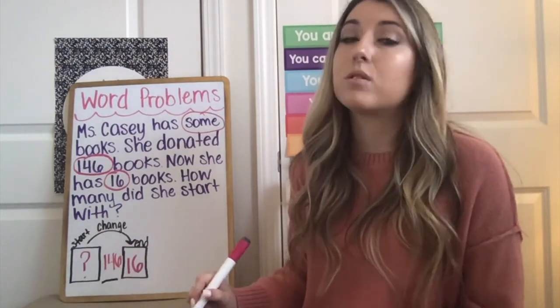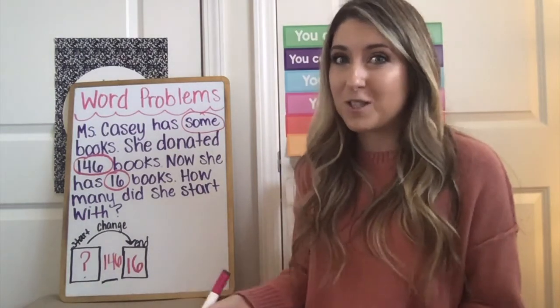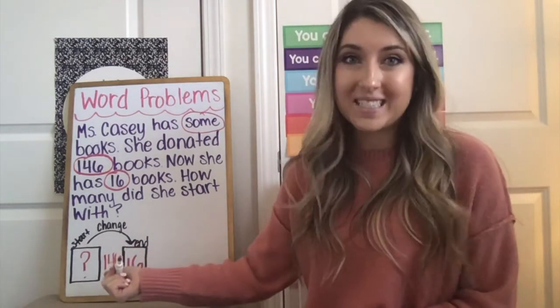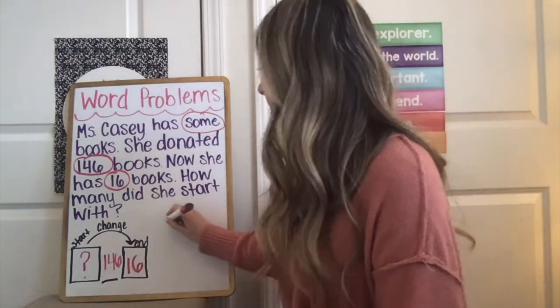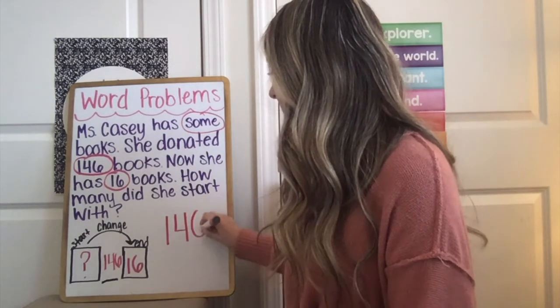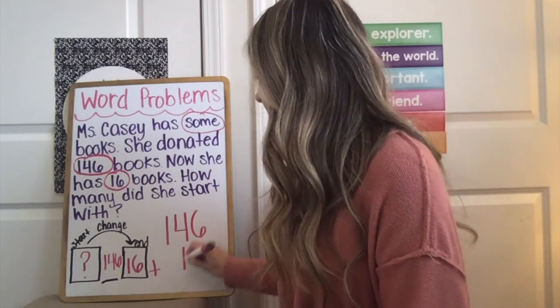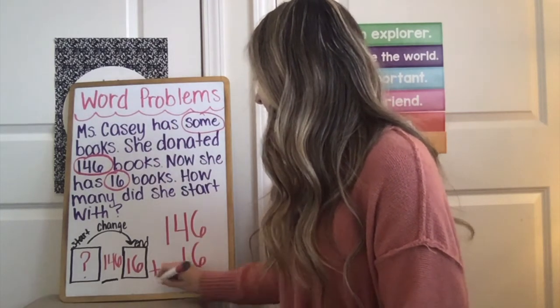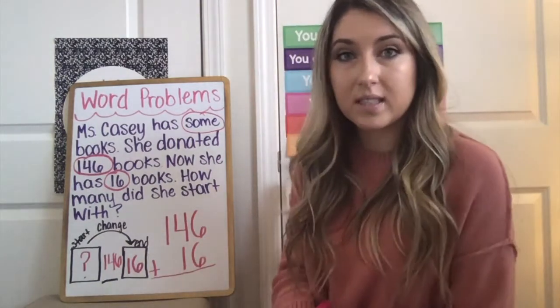This is going to sound so crazy because I know this is a subtraction problem, but I want you to add 146 and 16 together. Okay, so I'm going to set that up. 146 plus 16. I made sure I added, lined up my tens and ones.